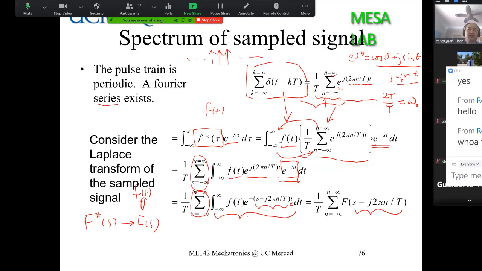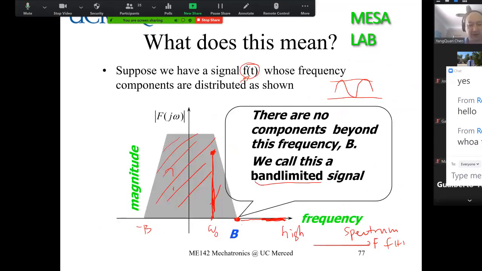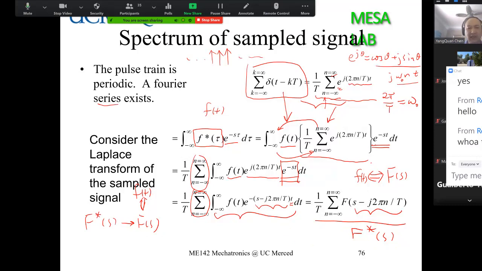So in other words, originally I have f of s. Then after sampling, my s transformation will become an infinite number of terms, infinitely many terms from the original. So remember, f and capital F are a Laplace transformation pair, okay? But this is actually my f star s. It's the transform of the sampled signal. So this has huge implications like this.